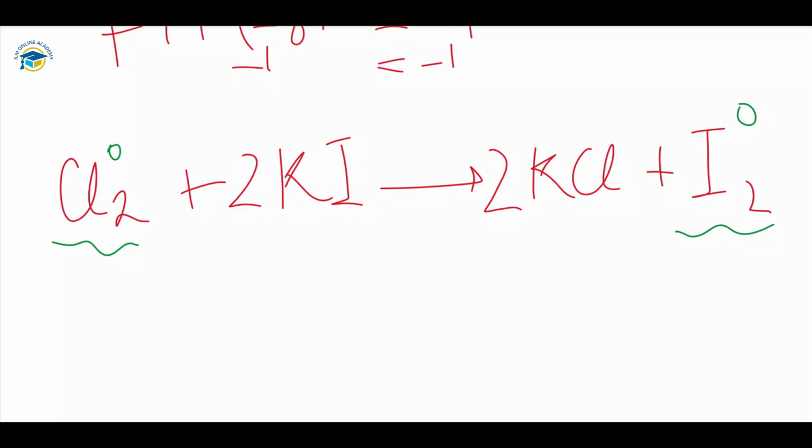Generally, the oxidation state of chlorine is -1, and potassium has +1, just to cancel out each other. Potassium here is also +1 and iodine has -1, so they cancel out each other. So in just one molecule of potassium iodide we have +1 and -1 charge present on it.